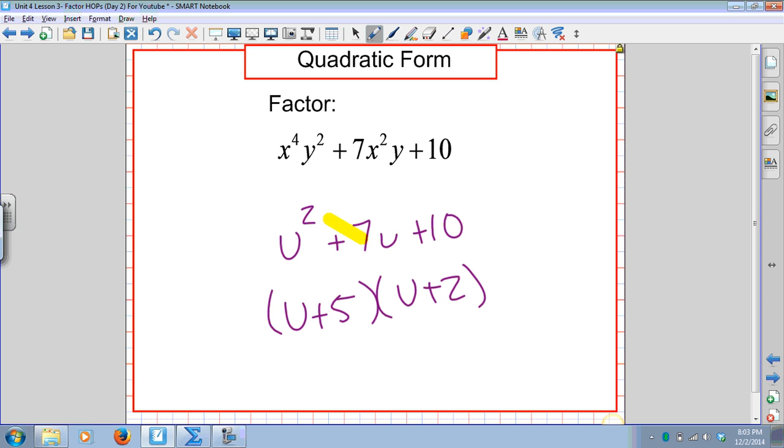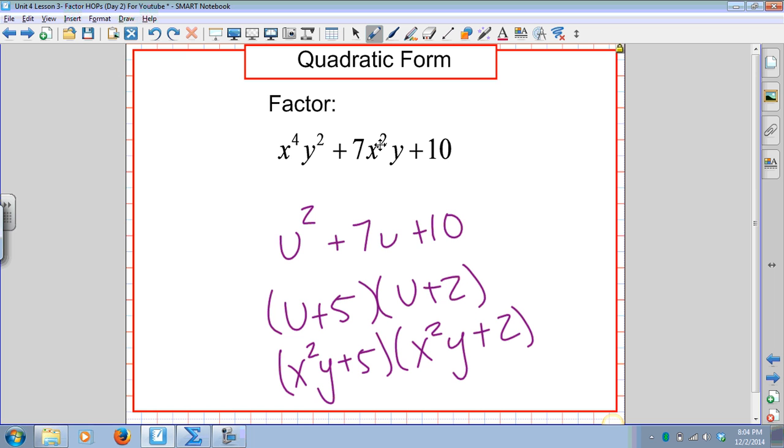So the difference here is that instead of having u, I have something way more complicated. I have x squared y plus 5 times x squared y plus 2. Again, we're looking at that middle term of x squared y, and that's what's going in the parentheses here.